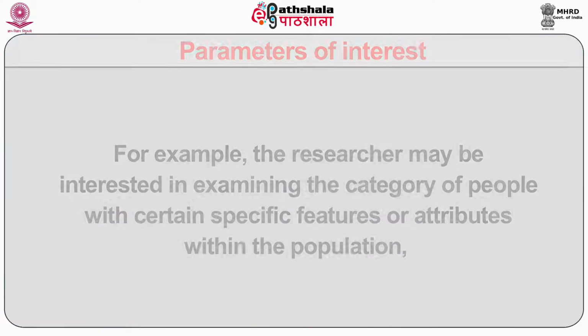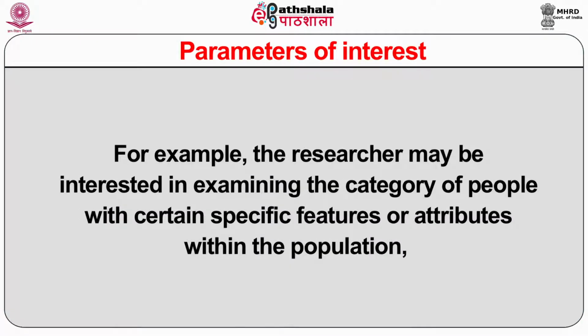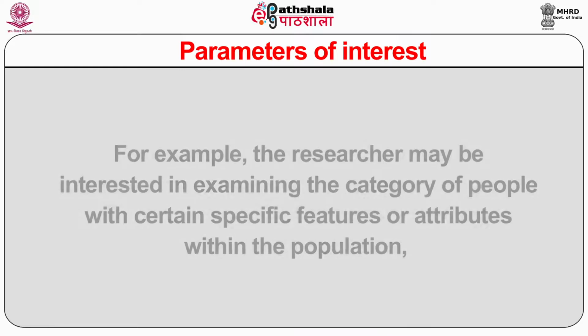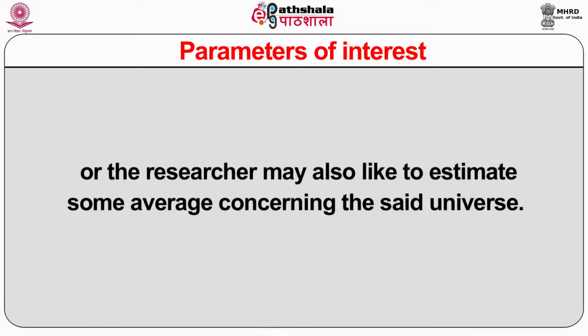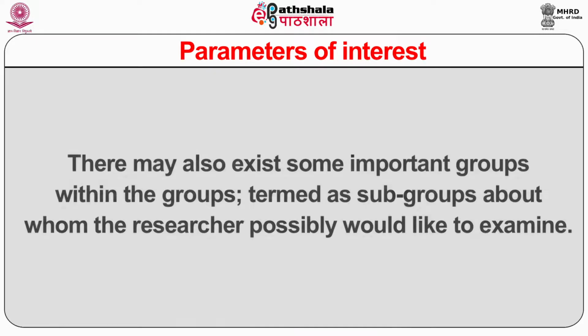For example, the researcher may be interested in examining the category of people with certain specific features or attributes within the population, or the researcher may also like to estimate some average concerning the said universe. There may also exist some important groups within the groups, termed subgroups, which the researcher possibly would like to examine. All these things have a significant impact upon the sample design that is to be finally decided upon and accepted.